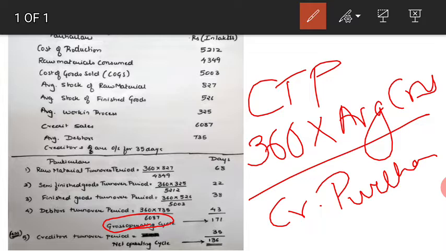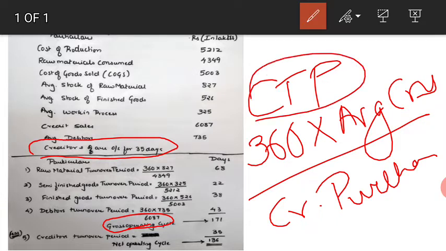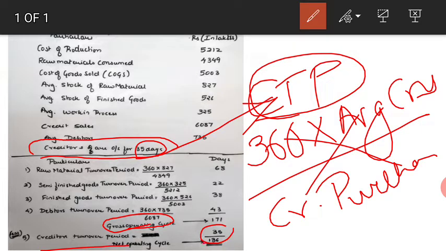But in this particular problem, if you see, creditors are outstanding for 35 days. That means they have directly given you the creditors turnover period. You need not use this formula for this particular problem. So since 35 days is directly given, we directly take it over here. So creditors turnover period is 35 days.